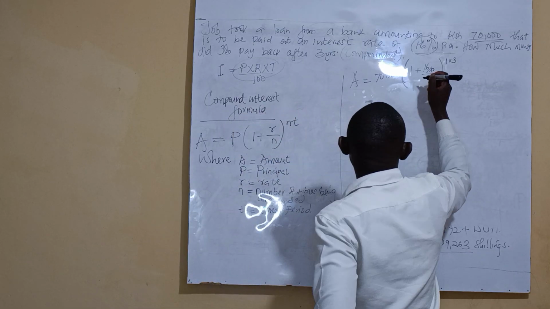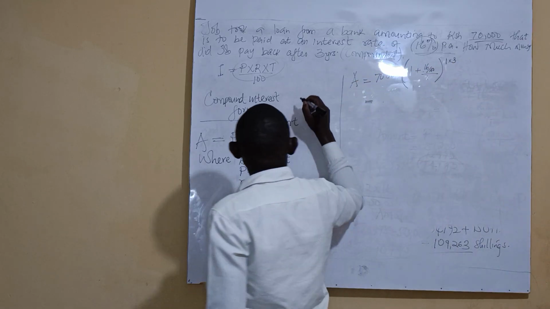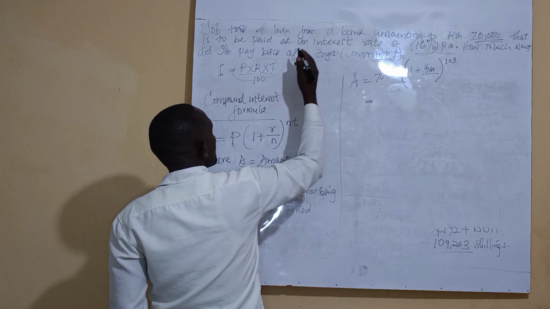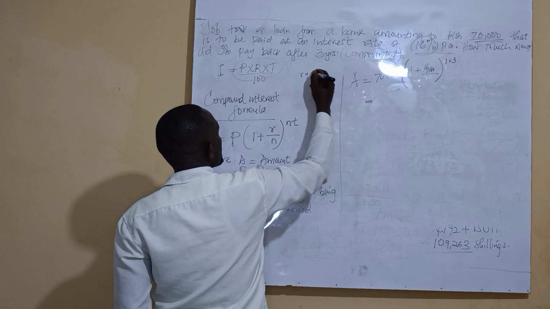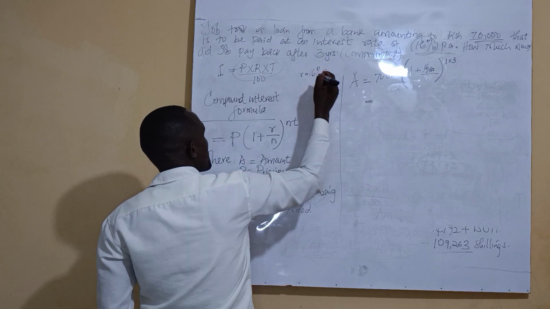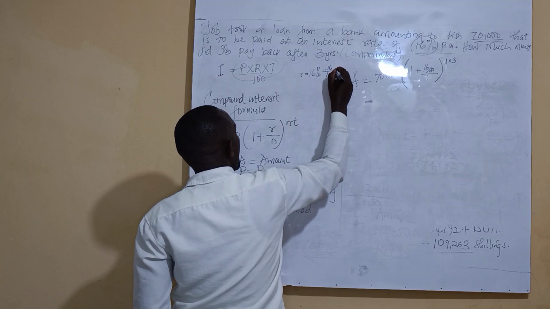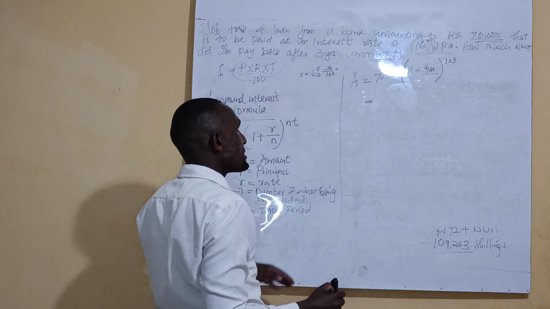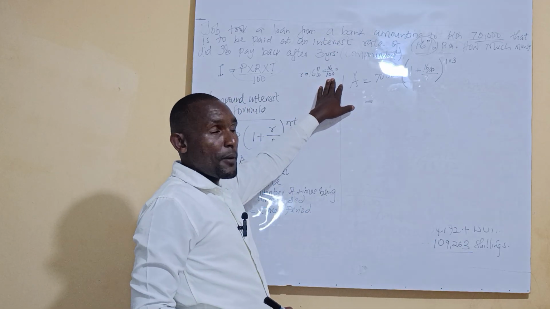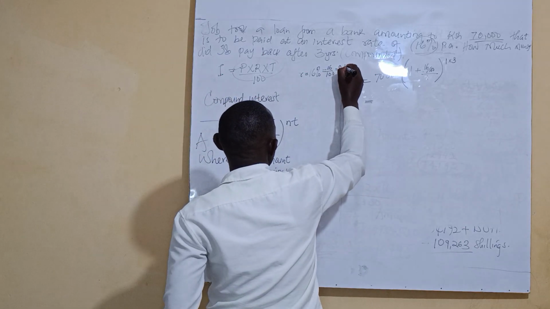Now, something else that I would like to explain. When I talk of R, R is the rate. Using our case here, we have 16%. 16% is the same as 16 over 100, which converted into a decimal is 0.16.